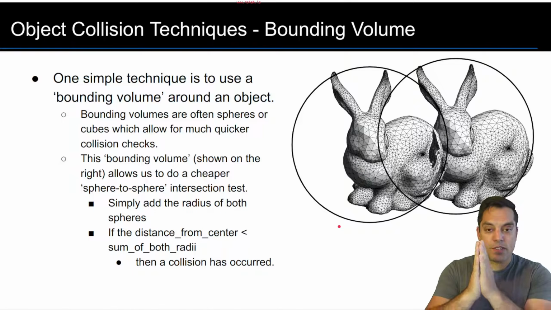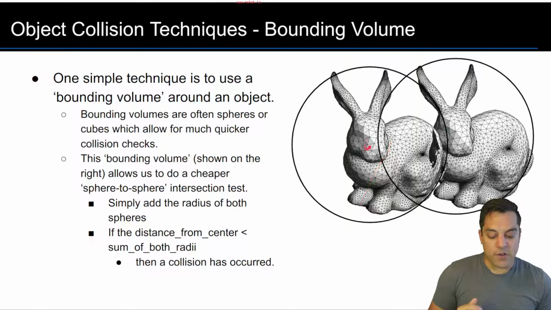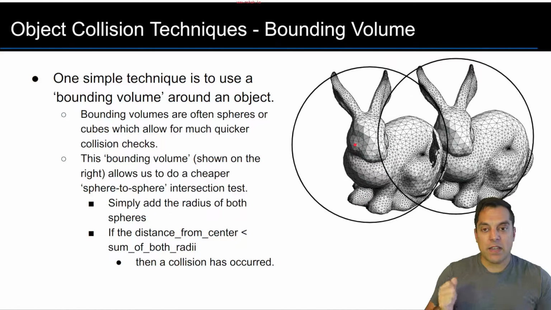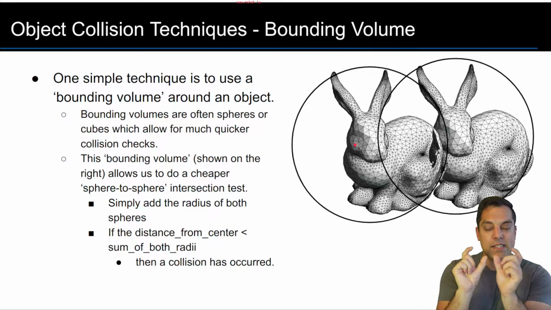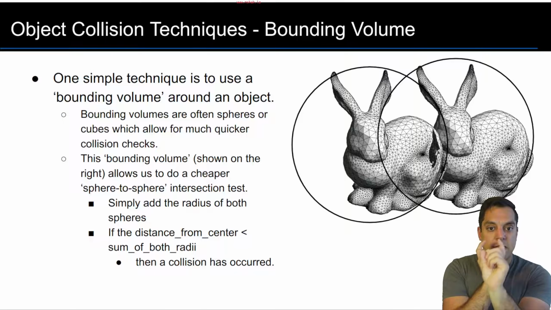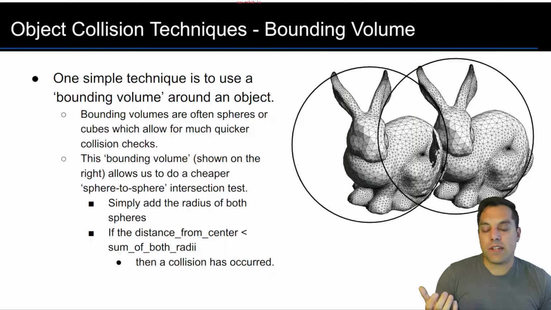You can do this experiment with two bouncy balls: pick the center point, estimate the radius, or measure it exactly with a ruler, and see if that distance is less than the sum of the radii, then you have a collision.